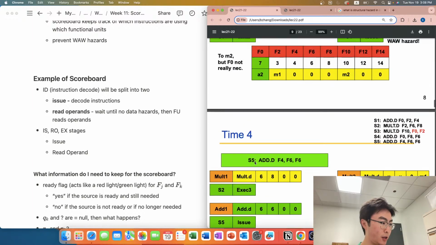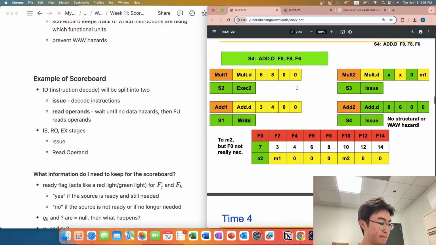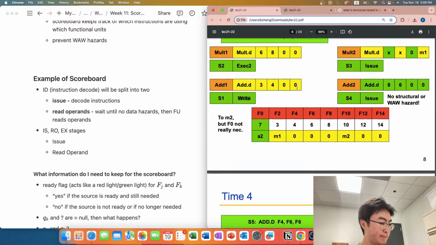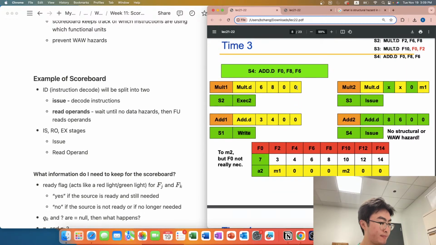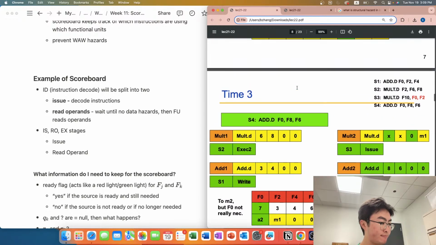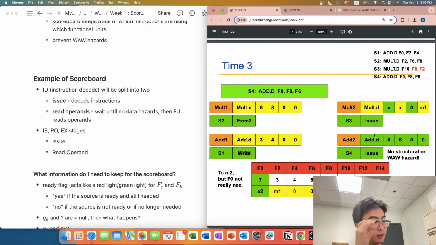F4 then depends on A1, previously 0. Okay, so this instruction is still stalling, right? It can't move.